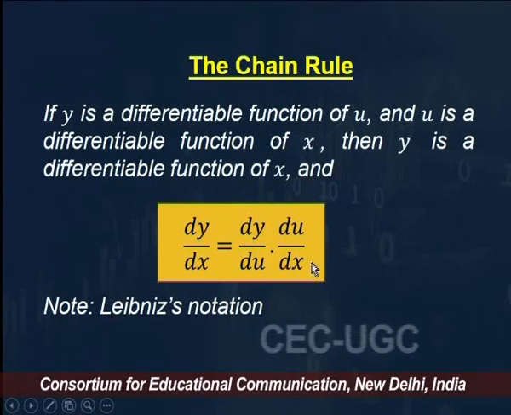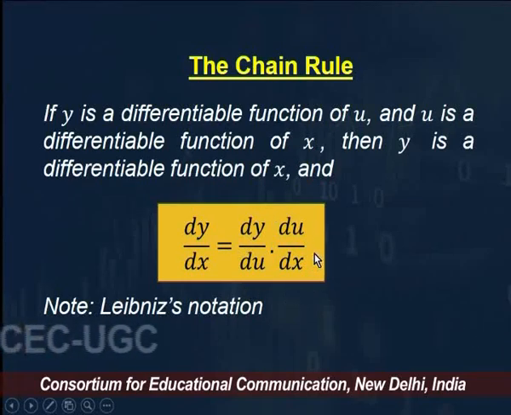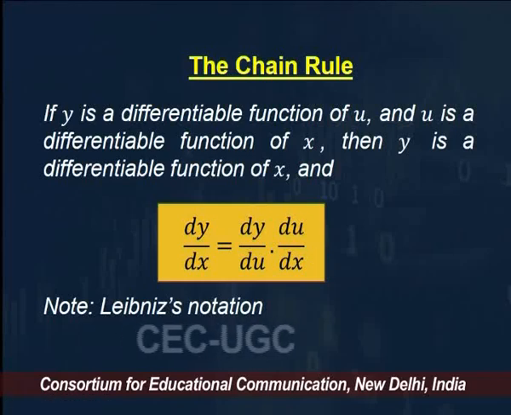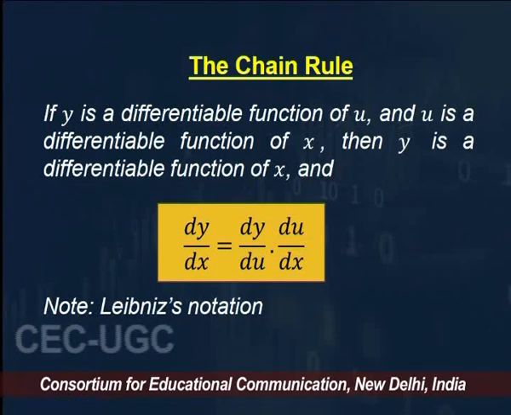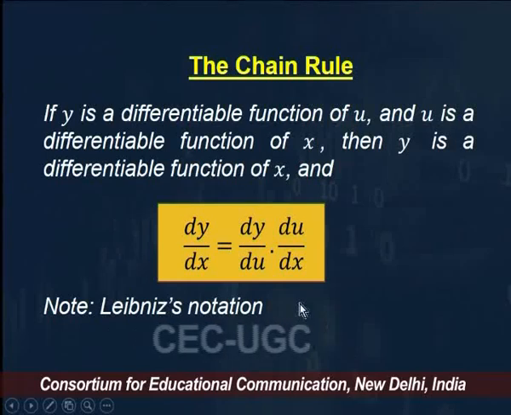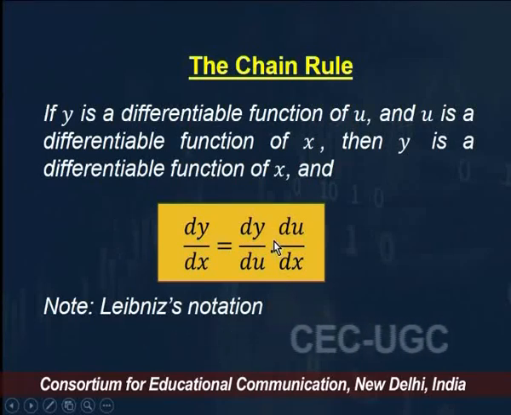It's actually something very intuitive, because this formula is nothing but a reflection of what we just said in the previous slide: because u is a function of x, every time x changes, that will lead to a change in u. And because y is a function of u, every time u changes, y is also going to change.